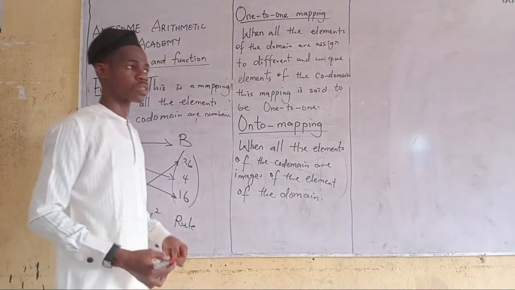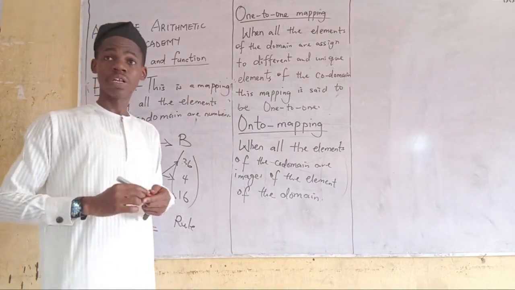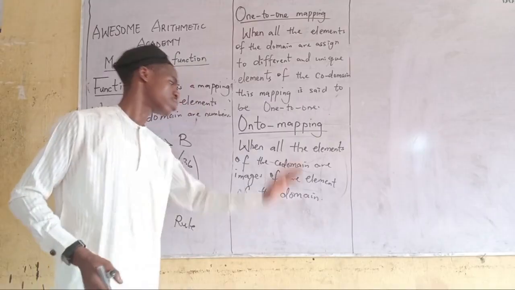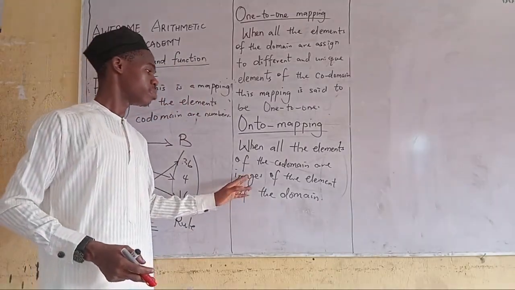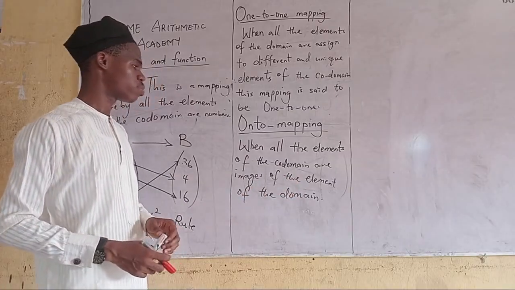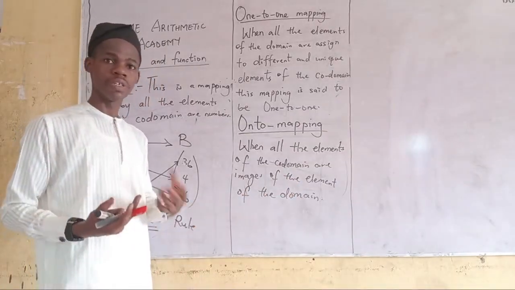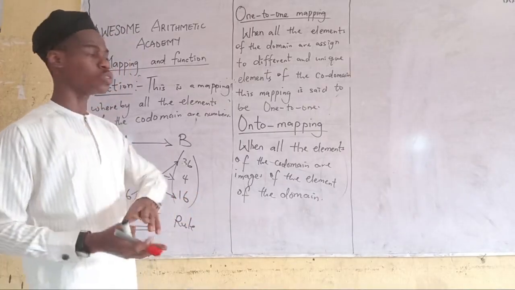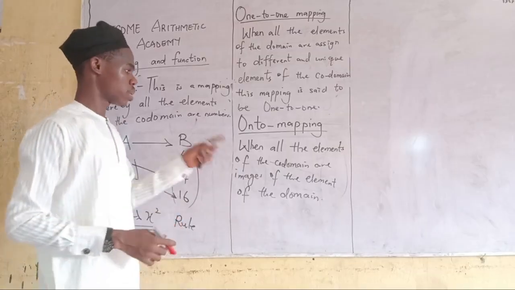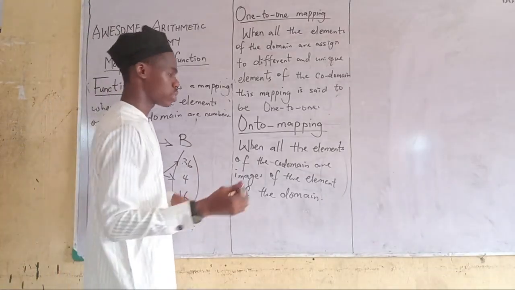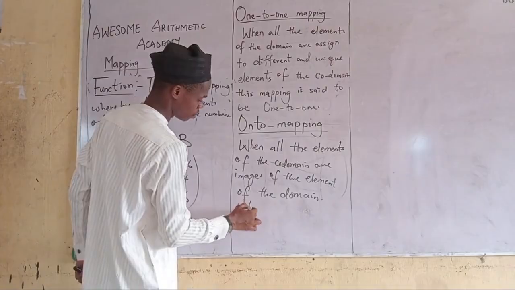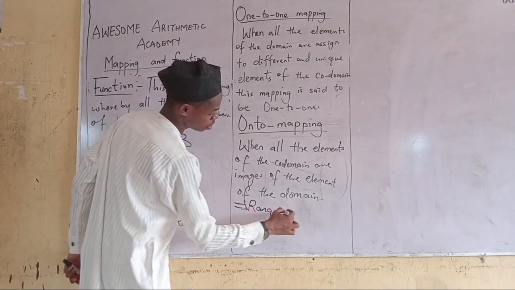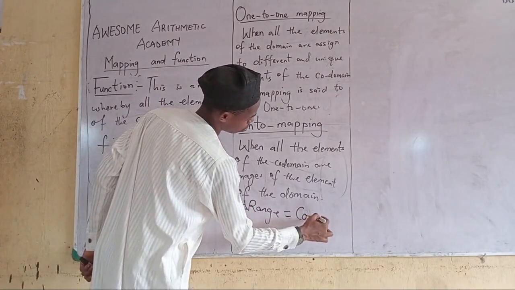So what is this one saying is that all the elements of the codomain now, they are images of elements of the domain. In this case, the images, which is the range, is going to be equal to the codomain. That is, you can just say, therefore, the range equals the codomain.